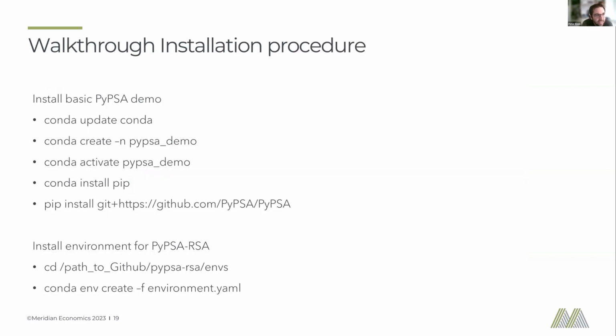In terms of a very basic setup procedure, I'll take you through a quick walkthrough now. Within your terminal, let's say we want to work on something called a PyPSA demo, and the only library we're going to need is PyPSA itself for the small example. You're going to want to create something called a virtual environment, which creates a distinct ring-fenced area for different libraries.